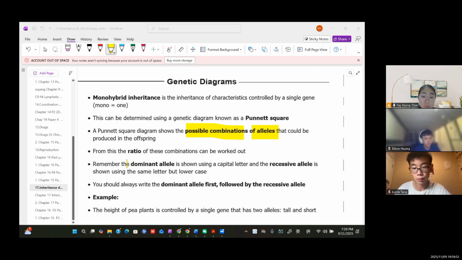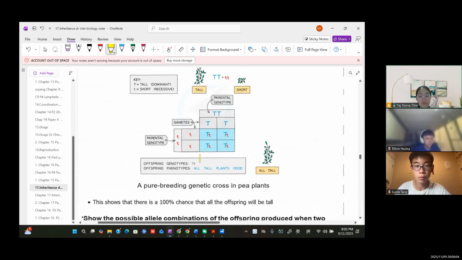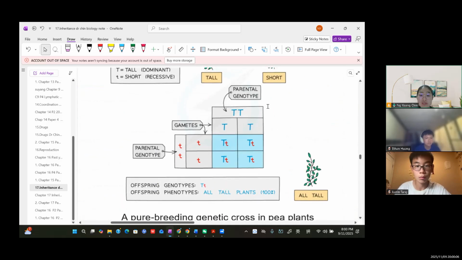So when you talk about dominant alleles, you always show the big capital letter. If the recessive alleles, you will always show a lowercase letter. So one is big T, another one is small t. So you need to draw something like this, which is a Punnett square.